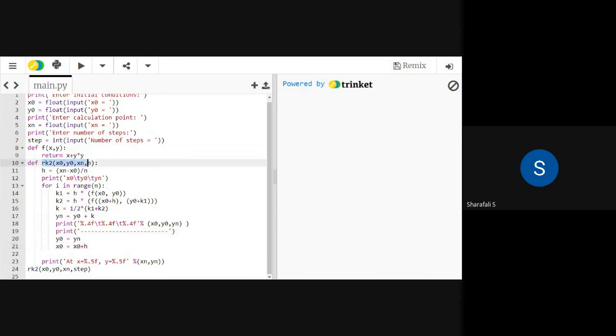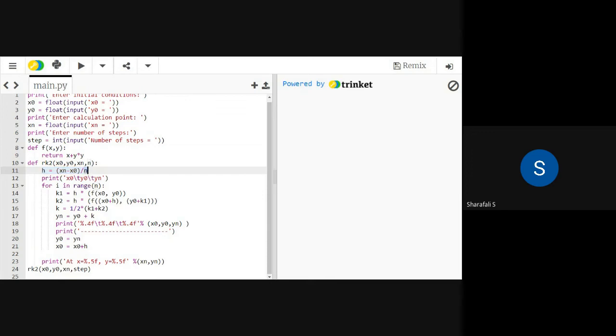Whatever instructions come under this function will be taken as the steps followed in the second order Runge-Kutta method, so don't worry about that. I'm just defining this function rk2 of x0 comma y0 comma xn comma n. All these parameters we have to use. So h is defined as xn minus x0 by n.